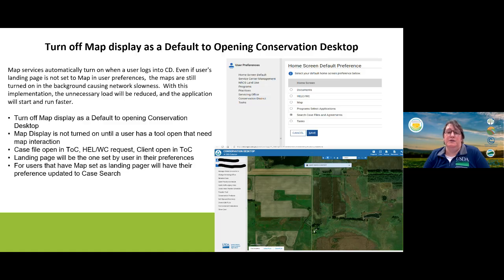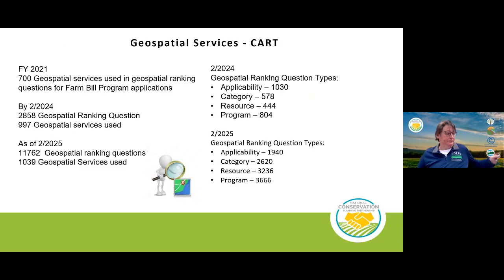But the landing page that you will be defaulted to under your preferences on the home screen default will be your search case files and agreements, and your map will appear once you've done that. If you're a person that needs a map and doesn't necessarily always go into case files and you just do maps for locations, you can change that default preference to map if that's what you want. Go ahead, next slide.